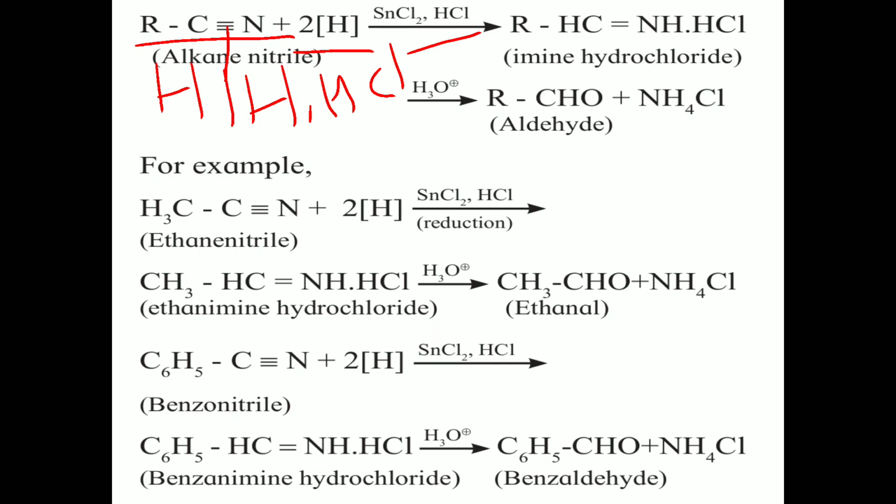We get the intermediate product RCH=NH·HCl, as I already said that one hydrogen goes to this carbon atom, and this intermediate product is known as the imine hydrochloride.